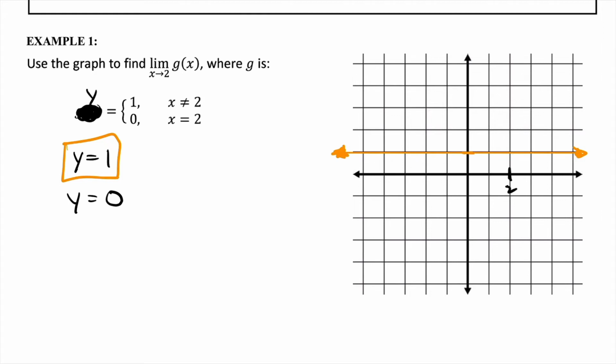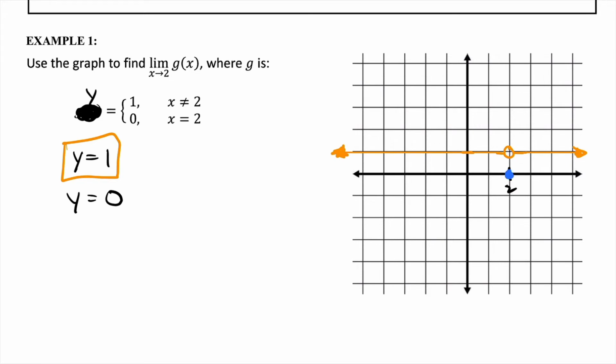My answer won't be 1. So what I'm going to do is draw a little hole. And when x equals 2, the answer is 0. So that means it's going to be a dot right there.